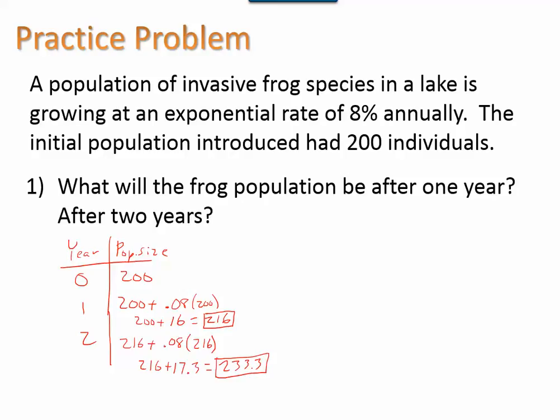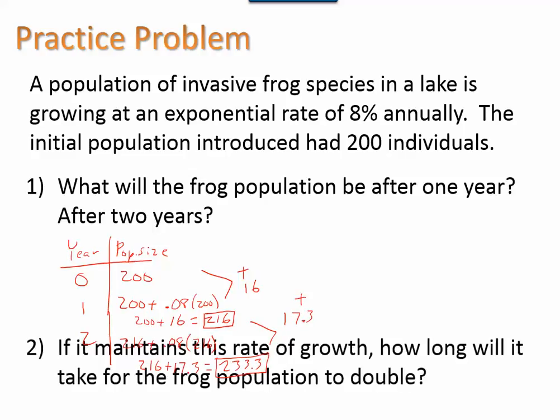So this is the way exponential growth works. We can see that in the first year we added 16 frogs, and in the second year we added 17.3. And that's why we end up getting not a straight line but a J curve.